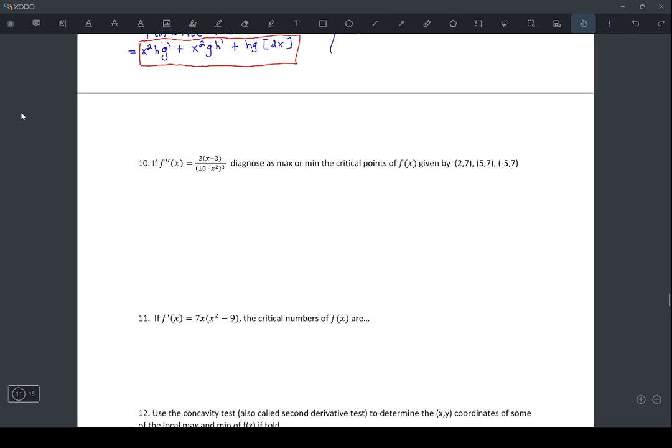Okay, question 10. Question 10 gives us the second derivative of a function, and it also tells us what the critical points of the original function are.